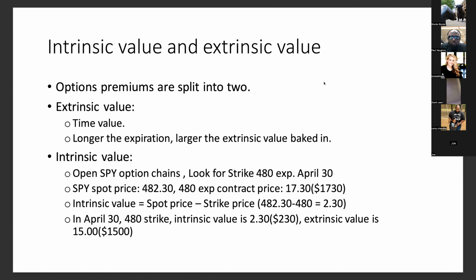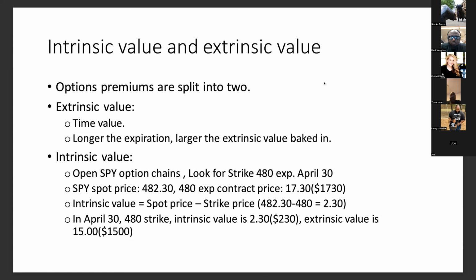So with this example, if you pick the April 30 expiration and spend $1,730, and let's say into expiration SPY is just trading absolutely flat, you're going to lose somewhere in the ballpark of $1,500 on this trade, but not lose the $230. Because the $230 is the intrinsic value, and the $1,500 which is eroding away by theta is the extrinsic value on the options, and you're only going to lose that.